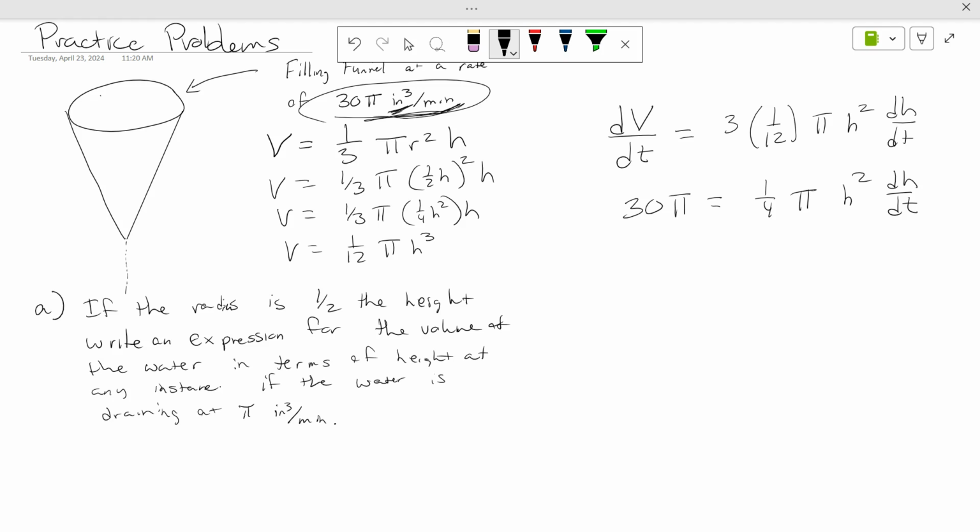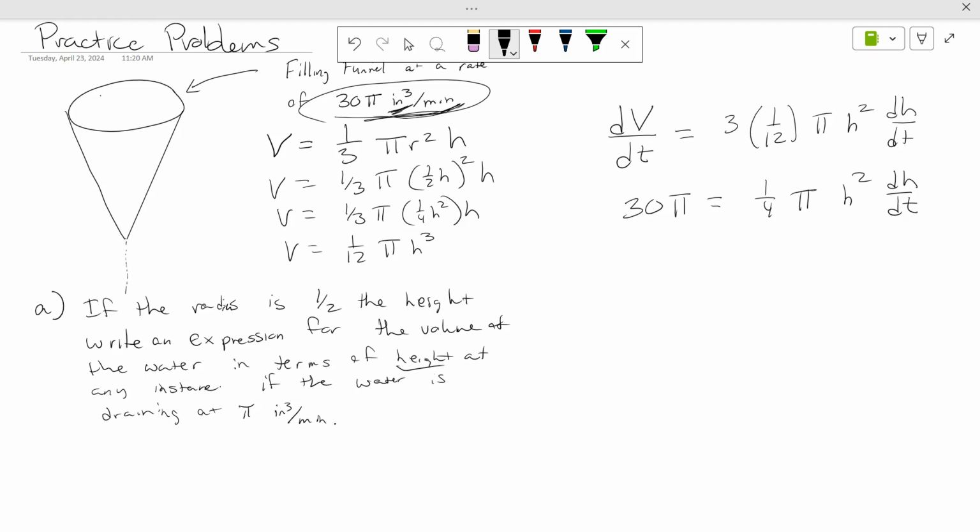Now, the height of it, we want the volume. It says, write an expression for the volume of the water in terms of height at any instance.